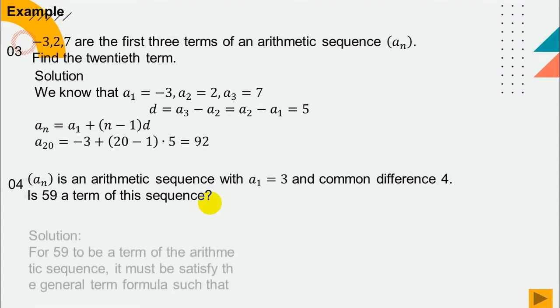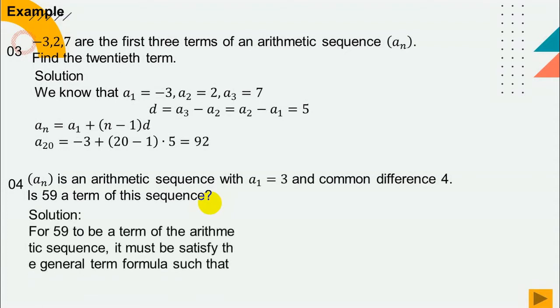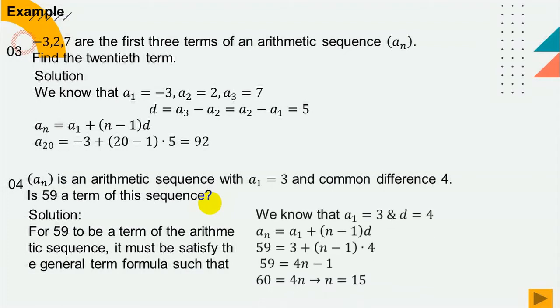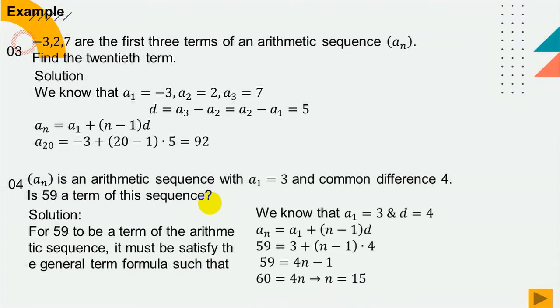Okay, so we want to continue this one. For 59 to be a term of the arithmetic sequence, it must satisfy the general term formula. In this question we have the first term is 3 and the difference is 4. So we have a_n equals the first term plus (n minus 1) times d.